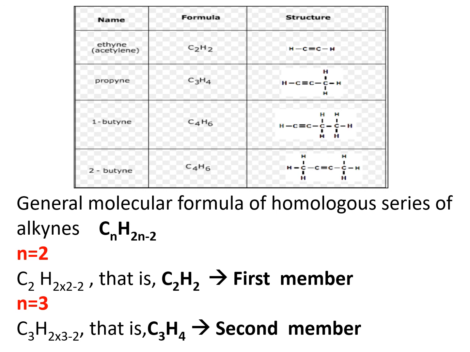When I take n equal to 2 and substitute, I get C2H(2 into 2 minus 2), which is C2H2, my first alkyne, ethyne. When I take n equal to 3, I get C3H(2 into 3 minus 2), which is C3H4, my second member, called propyne.